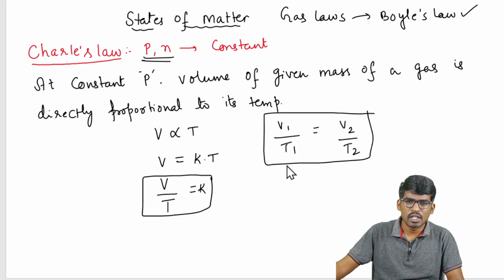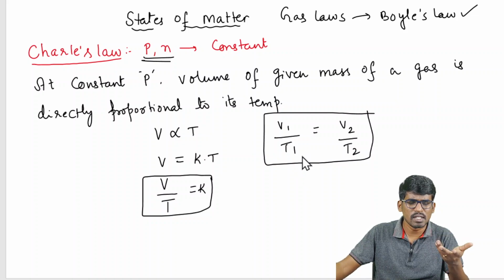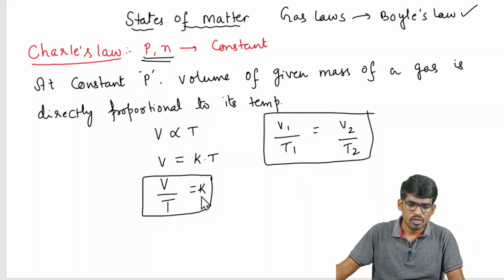When we perform numericals, the temperatures must be taken in the absolute scale, that means measured in kelvins. So V by T is equal to constant, we got it. It is statement 1, you can take it.